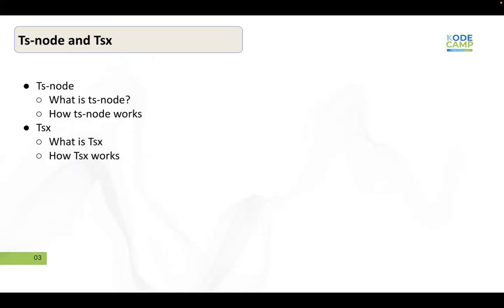So how does TS Node work? It uses the module hook. So it intercepts TS file imports. And then second, it compiles TypeScript to JavaScript in memory. You will not see the files being compiled, but it does it in memory. Then three, it executes the compiled JavaScript immediately.